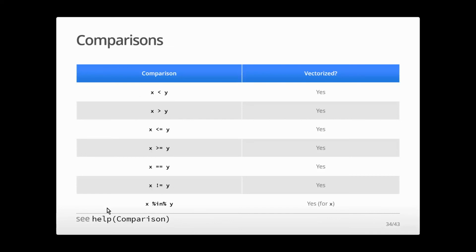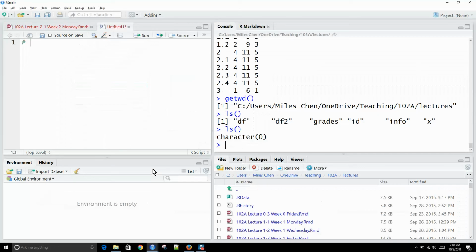Here we have some comparisons: less than, greater than, less than or equal to, equal, not equal, or is x in y? Testing for equality is one thing we have to be careful about.